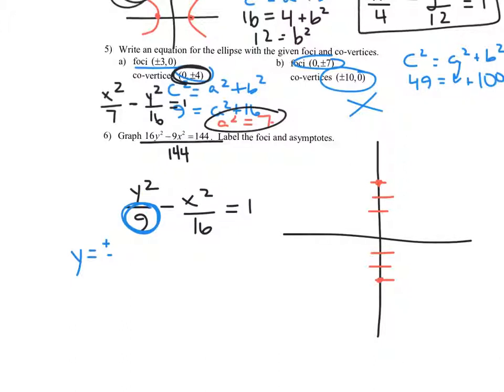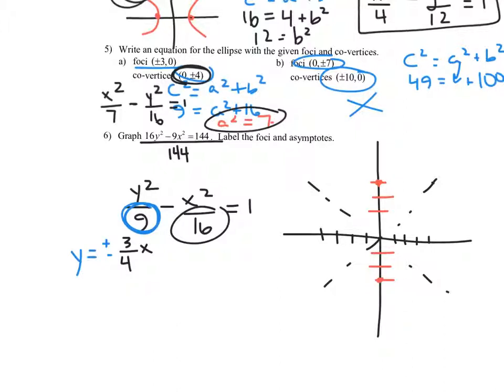So plus or minus the square root of 9, which is 3, over plus or minus the square root of 16, which is 4. And it's always an x with it. So in the past, people have forgot to put the plus or minus, and they didn't have the x. So what you're going to do is go up 3, right 4, 1, 2, 3, 4, and up 3, left 4, and those give you the asymptotes right here.